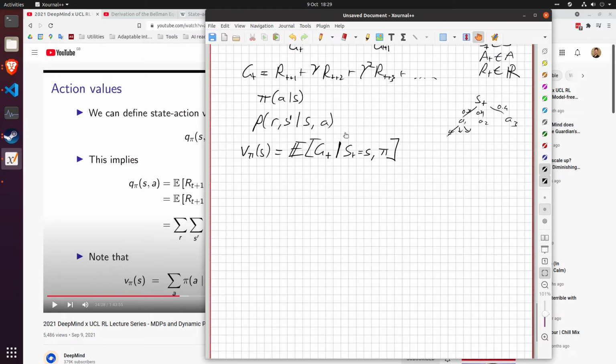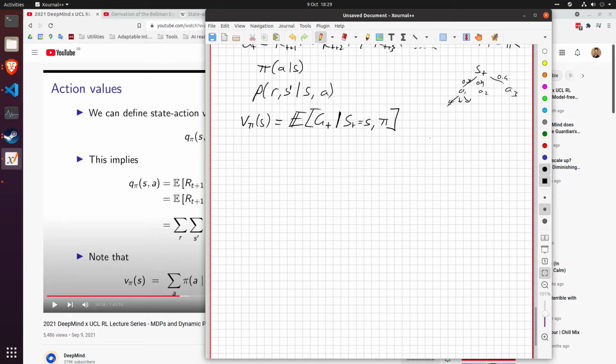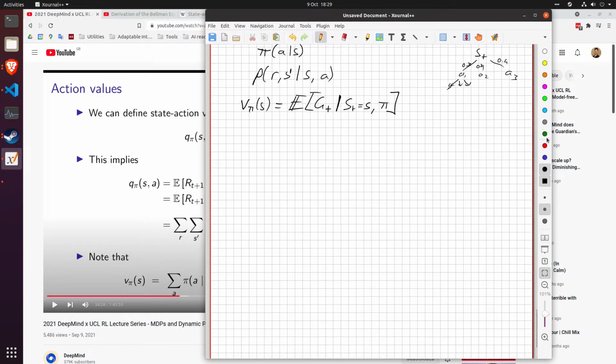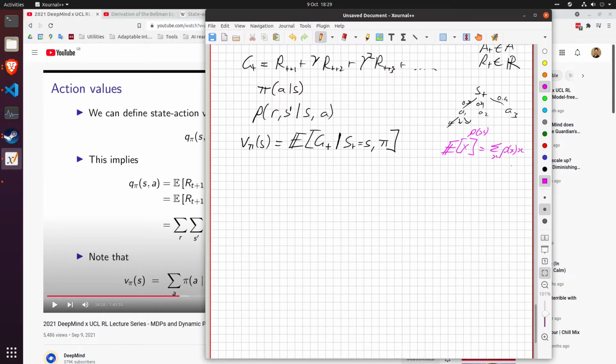And before I start stepping through that, really meticulously step by step, I want to remind you, I'll do it in purple here, that the expectation value of some random variable x, under some probability distribution p of x, right, is the sum over all x of p of x times x, right? And we're going to use that quite a lot here.